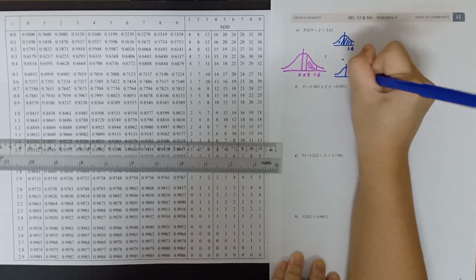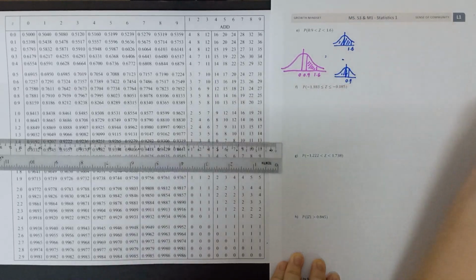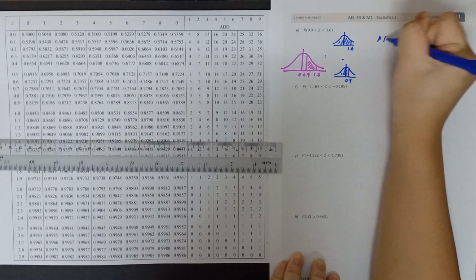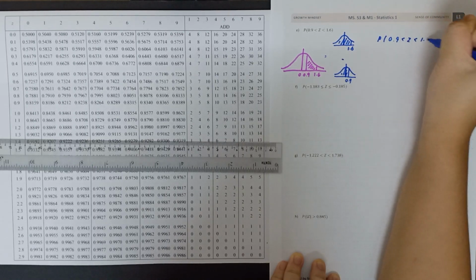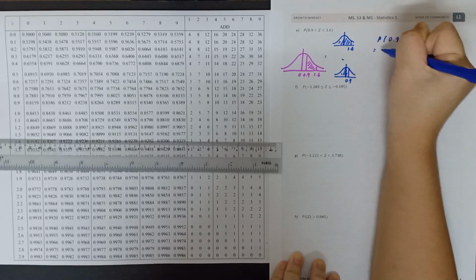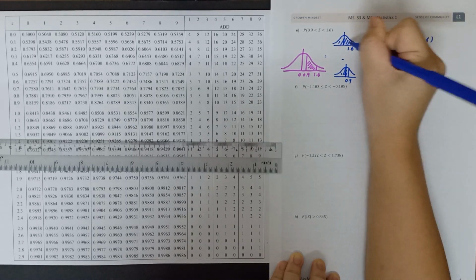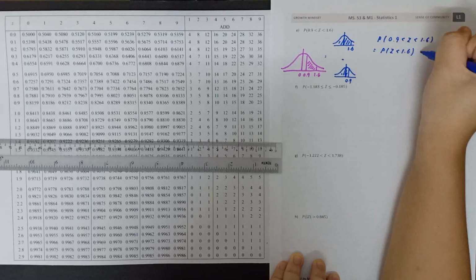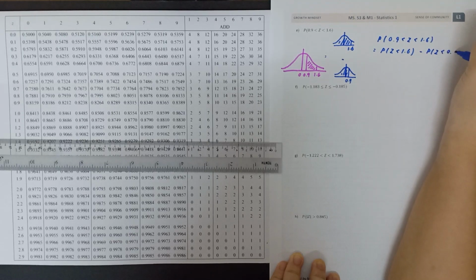You need to minus the 0.9 that you have, which is the area here. Okay, so meaning probability for Z in between 0.9 and 1.6 will be equal to probability for Z less than 1.6 minus the probability Z less than 0.9.